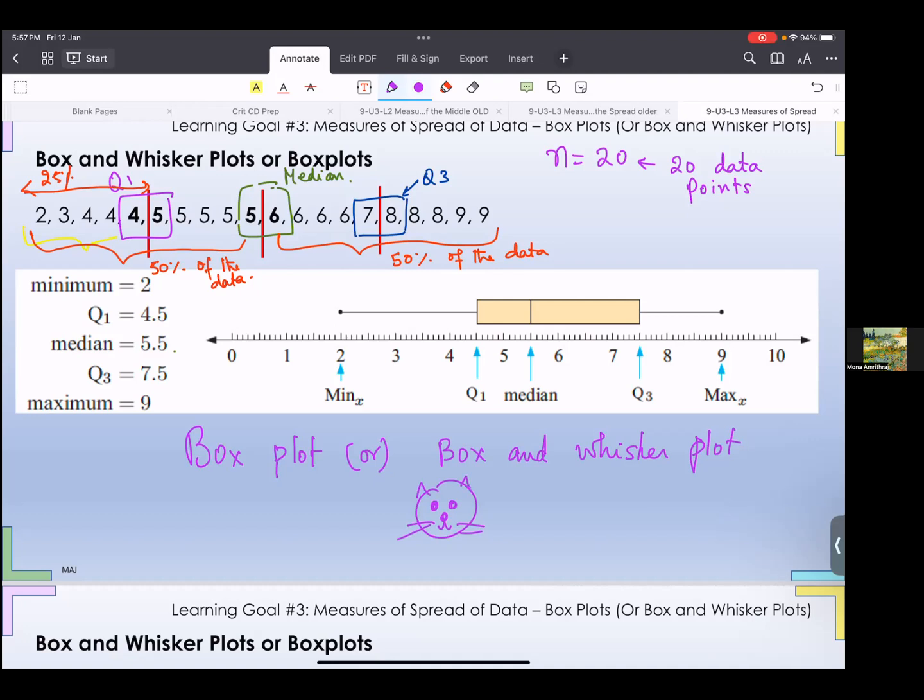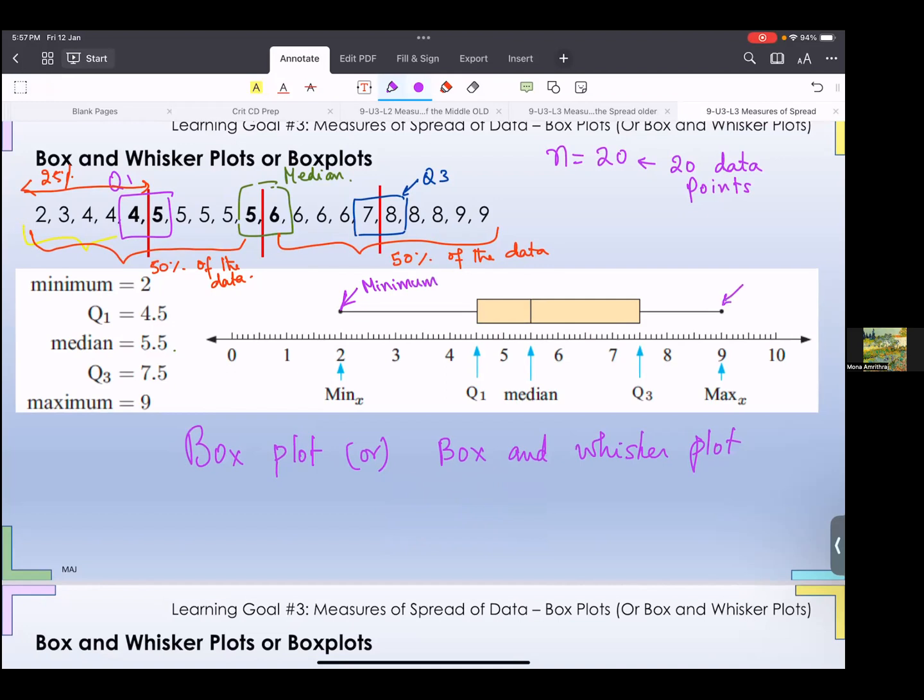These two are the whiskers. The end point of the whisker on the left side is the minimum, and on the right side the end point of the whisker is the maximum.